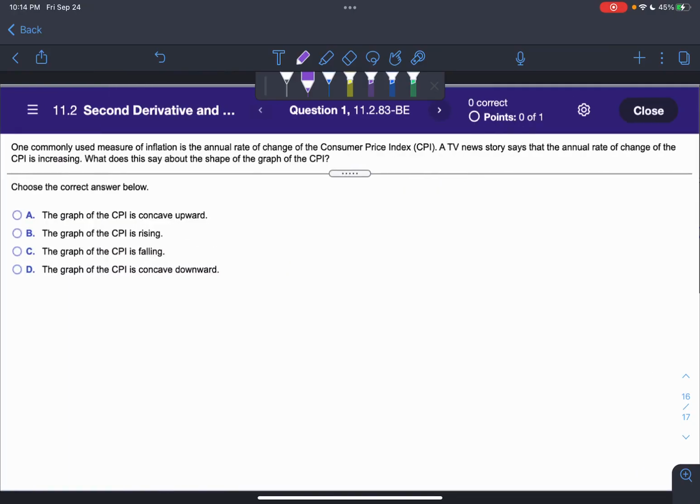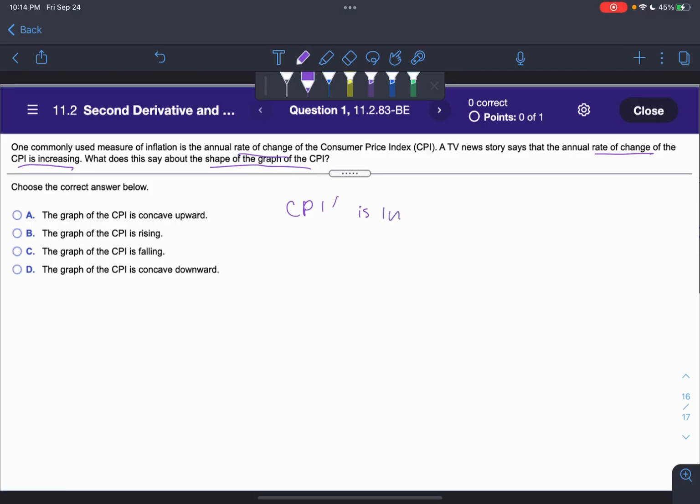All right, let's do our last application-based questions, or second last, I suppose. One commonly used measure of inflation is the annual rate of change of the consumer price index. A news story says that the annual rate of change of the CPI is increasing. So what does it say about the shape of the graph of CPI? It's saying that the rate of change, so we can almost call it CPI prime, is increasing.